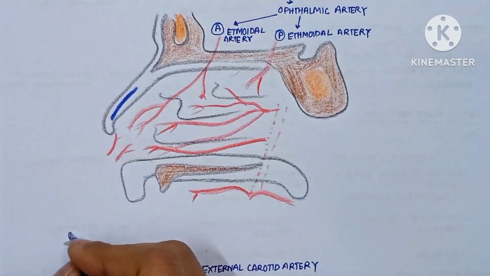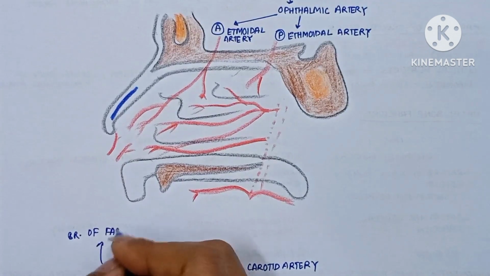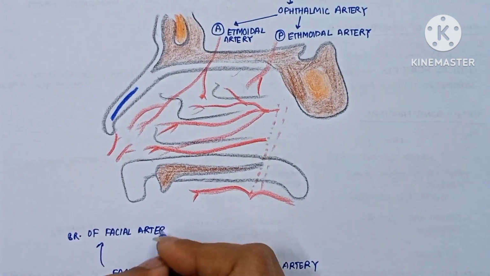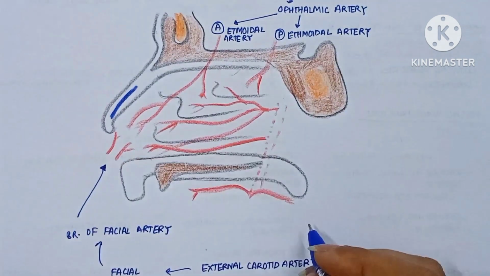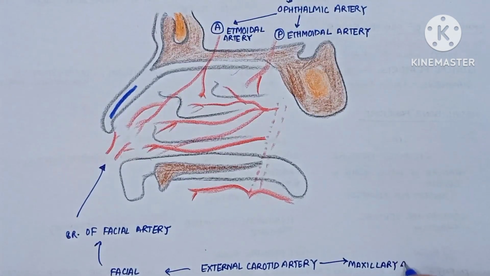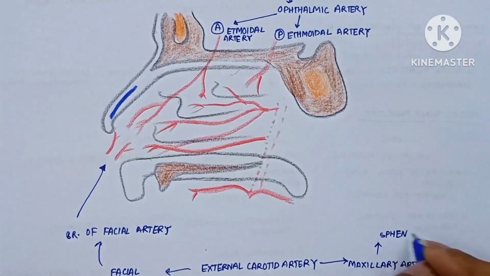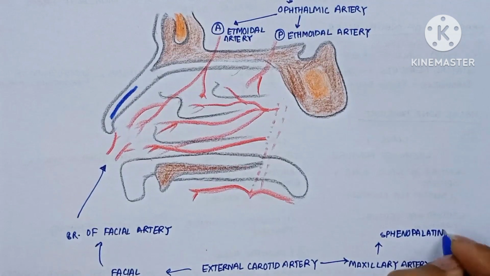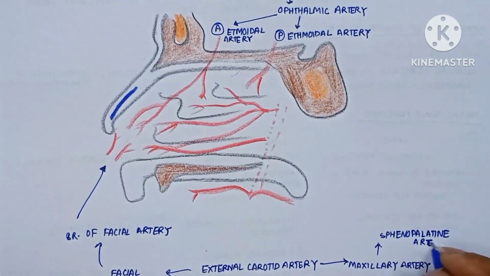Some branches of the facial artery supply the lateral wall of the nose inferiorly. The maxillary artery is one more branch of the external carotid artery and gives off the sphenopalatine artery, which has many branches.